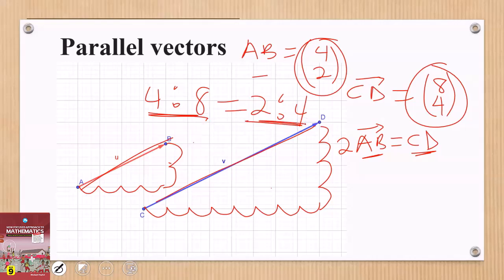What it means again is that 4 divided by 8 should be the same as 2 divided by 4. And here we can see that gives us half. So when I go the other way around, it will be scalar multiplication of half. And if I go from CD to AB, then it is scalar multiplication of 2.